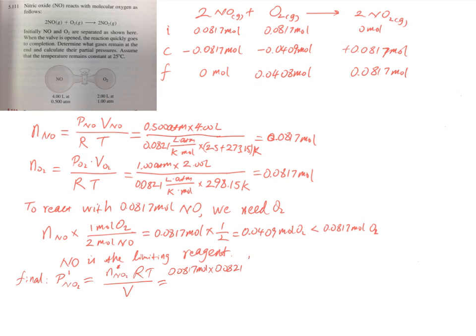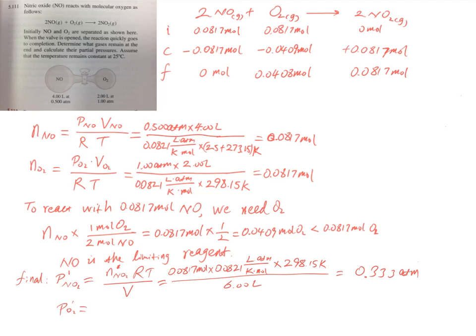So we have 0.0817 mole of nitrogen dioxide, the ideal gas constant 0.0821, and 298.15 Kelvin over 6.00 liter. We have 0.333 atmosphere for nitrogen dioxide.